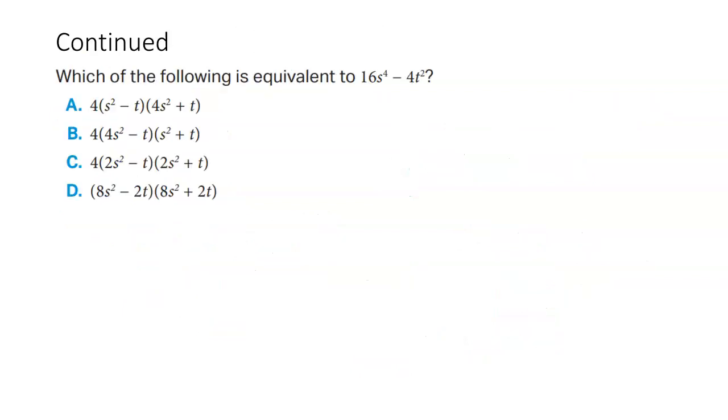Now, which of the following is equivalent to 16s to the 4th minus 4t squared? What process would take this binomial and give me a bunch more stuff? Division. Sort of. It's part of it.